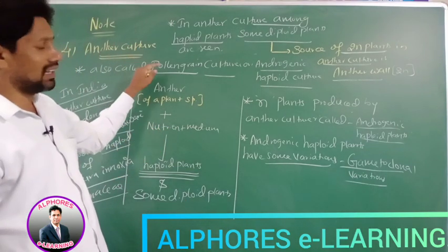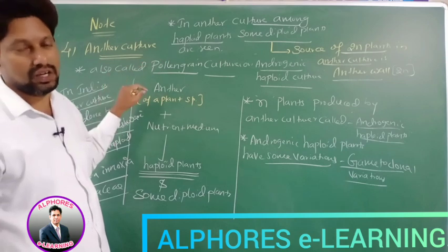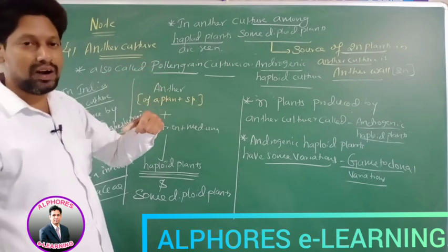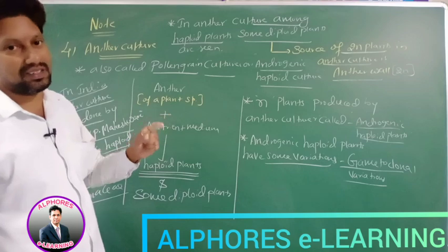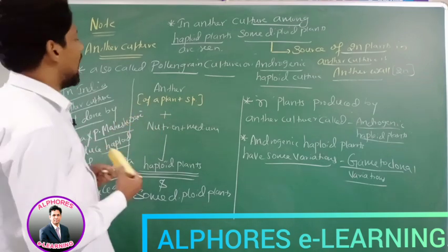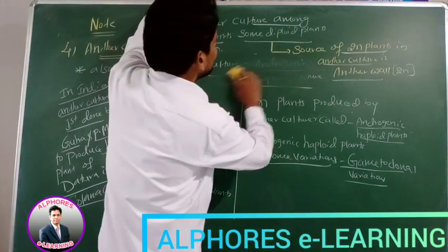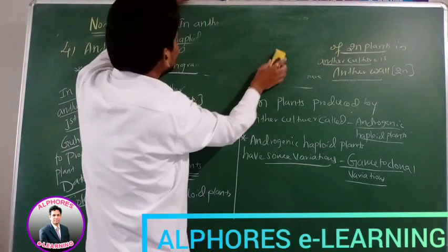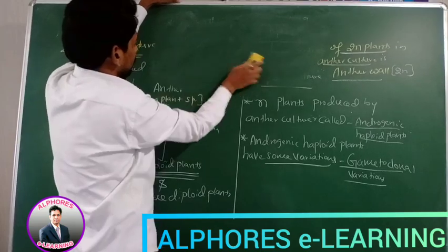Therefore, by anther culture, haploid plants are produced. Among those haploid plants, here and there you can see diploid plants also. But haploid plants are produced. Is it okay? Right. Haploid plants are produced even by culturing unfertilized ovules.